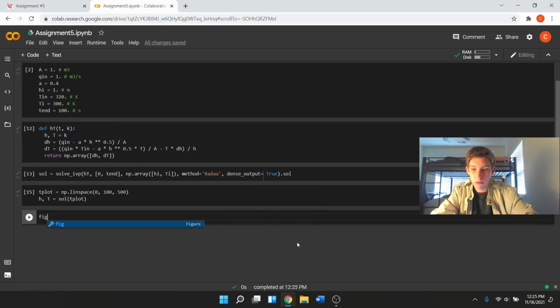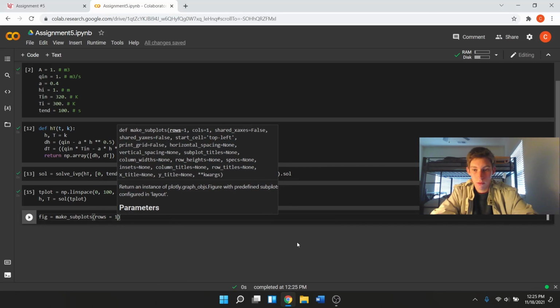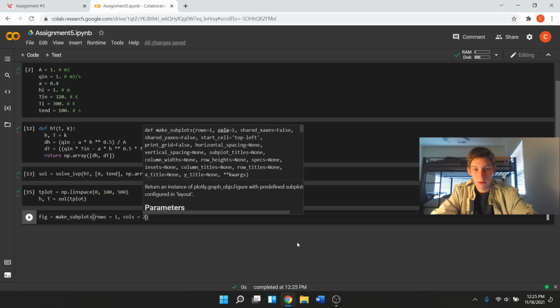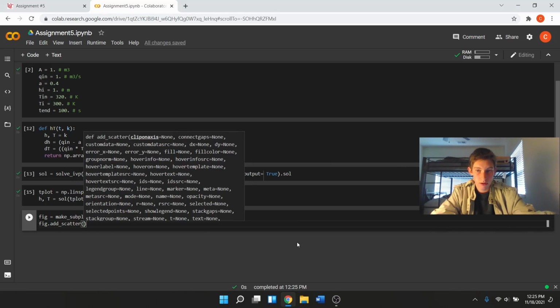So first we are going to make subplots. We want one row, 2 columns, and then we're going to add 2 scatters.